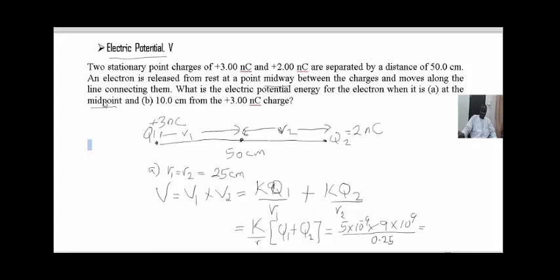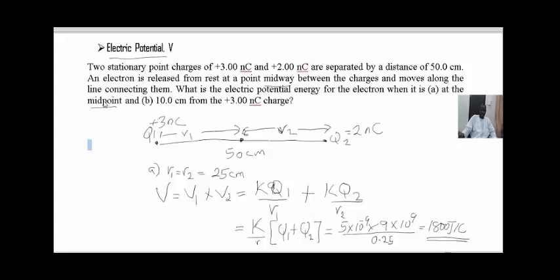This will give a total value of 1,800 joules per coulomb. This is the potential at the point.